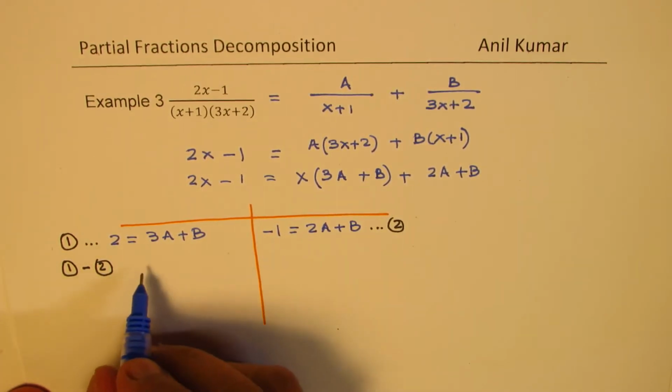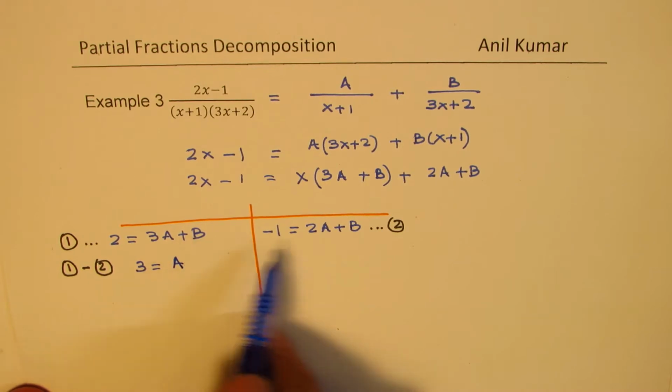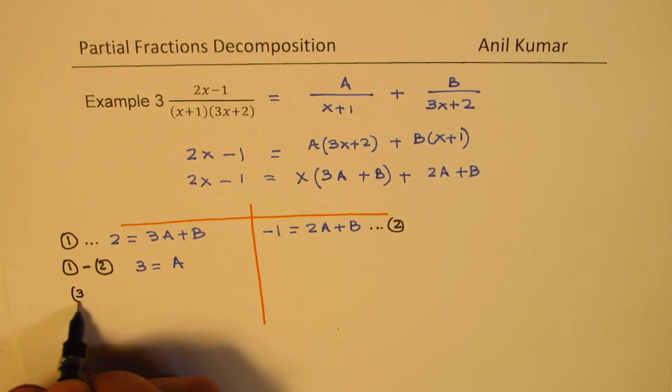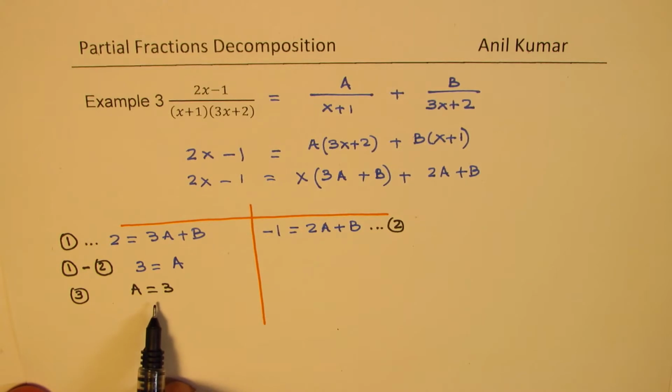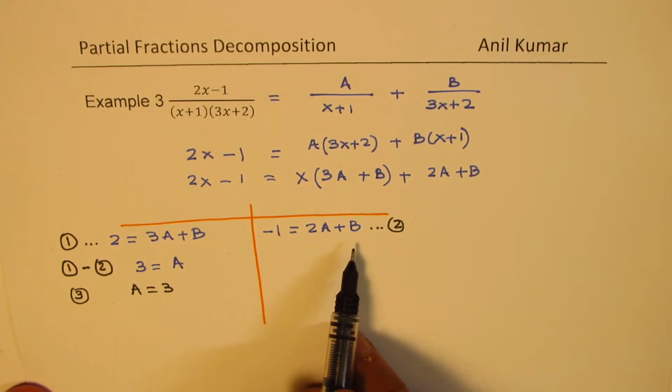2 minus minus 1 will be 3, right? 3a minus 2a is a, and b minus b is 0. So we get the value of a, right? So what we get here is equation 3, which is a equals to 3. Now we can substitute the value of a in 2 and find b, correct?